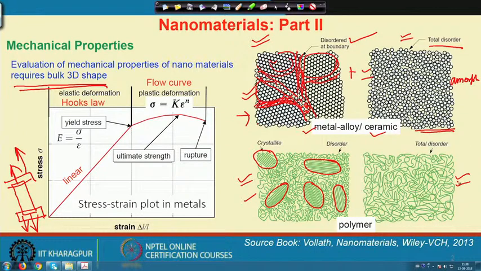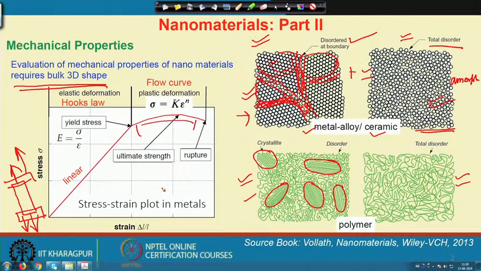So, this is valid not only for metal alloys; our silicate glasses or window glasses have such a kind of fully disordered structure, whereas glass ceramic has some crystalline structure, but we should keep in mind that glass ceramic does not show such kind of plastic deformation. This is a unique feature for metals and alloys.